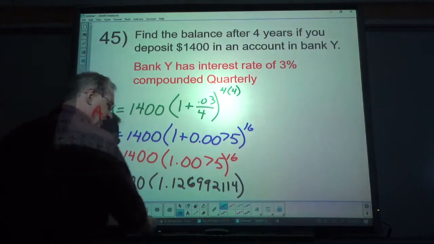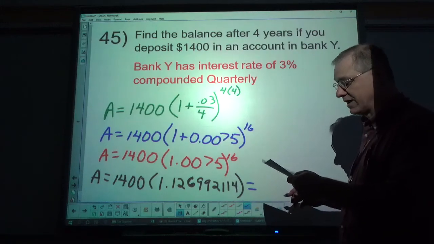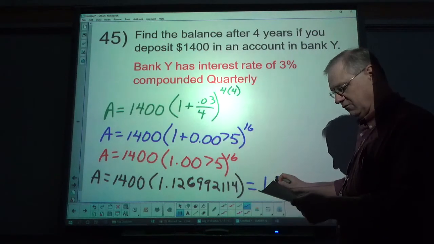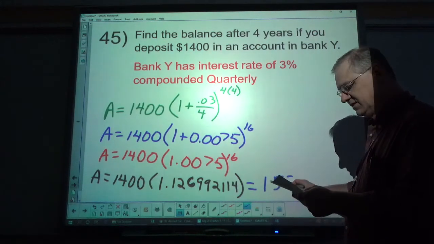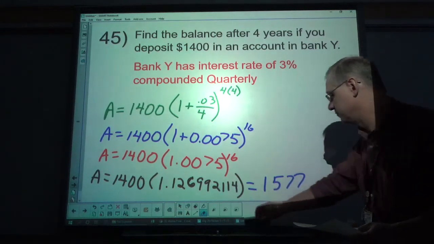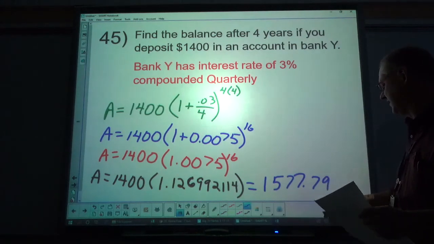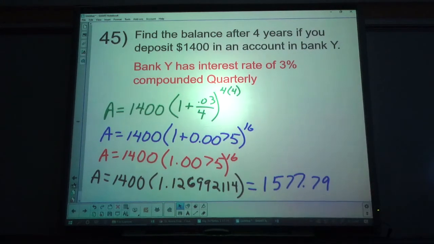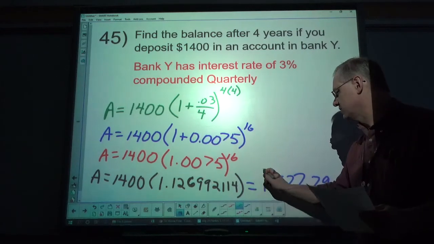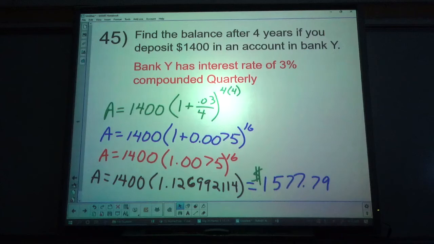All right, so when I do this all out and multiply, it comes out rounded to the nearest penny, $1,577.79. And that's in dollars, of course. And that's how much is in the account when it's compounded quarterly.